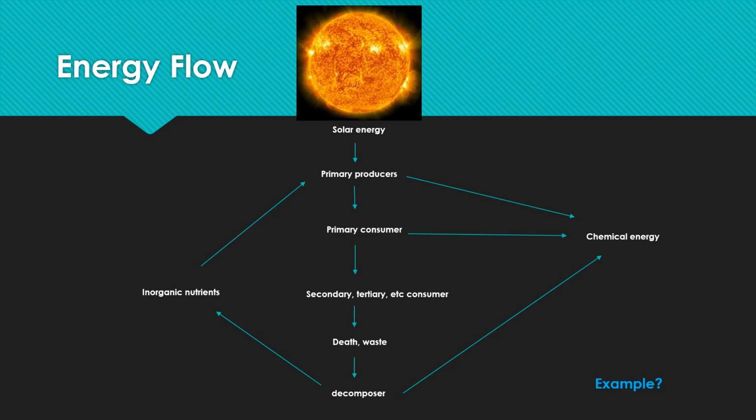The producer utilizes organic material in the soil to satisfy its need. So the decomposer, when it breaks down whatever it is breaking down, is going to put its nutrients in the soil. So then we can start that cycle yet again.